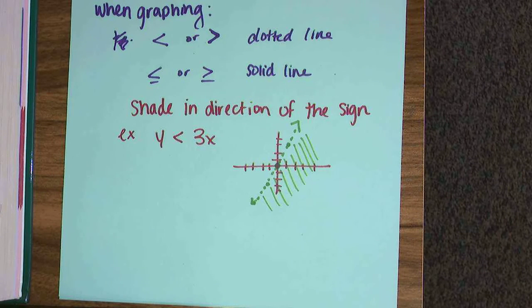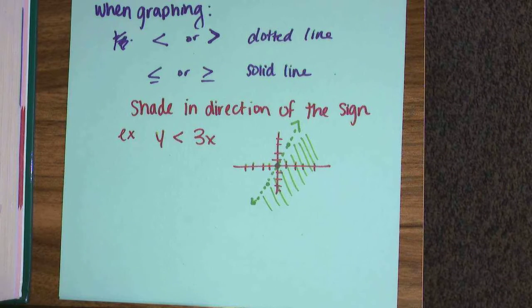Outside of that, another thing that we would be doing is deciding if the ordered pair is a solution to the inequality. Basically, we would just be plugging in the ordered pair and solving, and seeing if it is true.